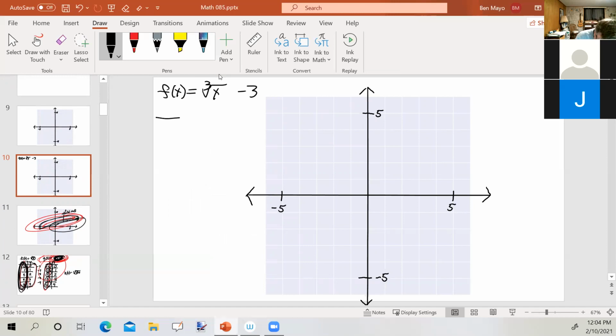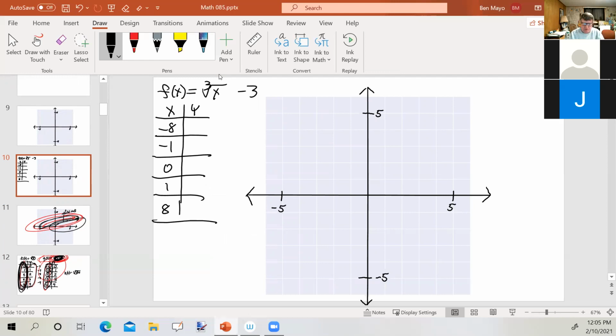Now the -3 is outside the cube root. And they're giving us -8, -1, 0, 1, and 8. Why do you think they chose the x values that they did? They're not perfect squares. What are they? They're perfect cubes. Good job.